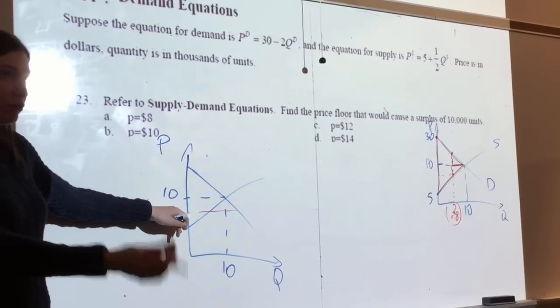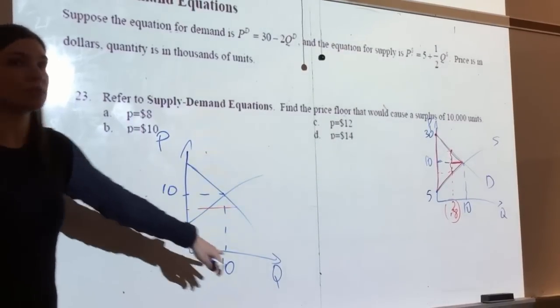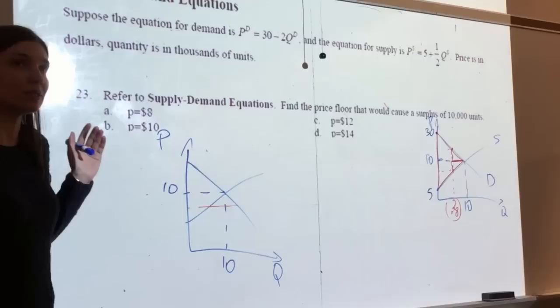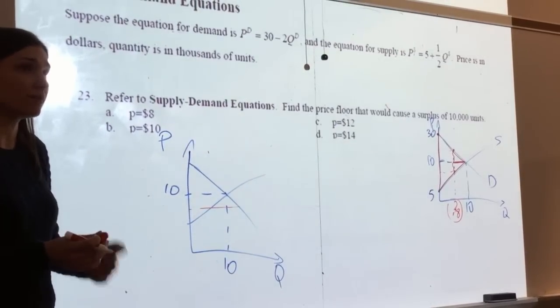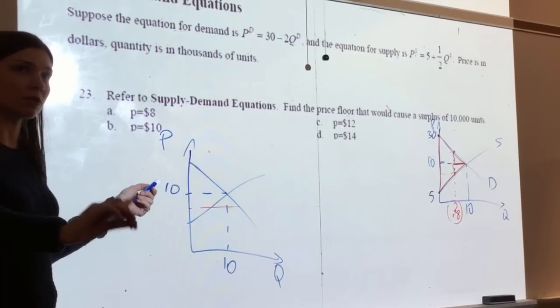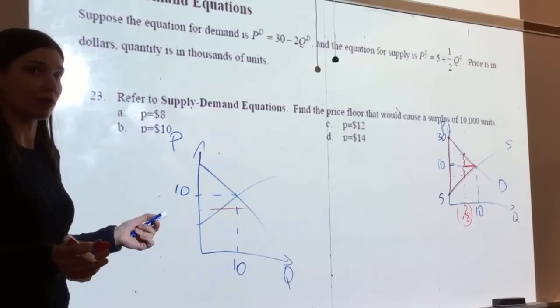So whatever you told us to do is not going to affect us in any way. We'll still be selling at 10, we'll still be selling 10 units. That's it. This is a non-binding price floor. Nothing is affected. The original equilibrium does not become illegal under that new legislation. So there's no effect really in the market.